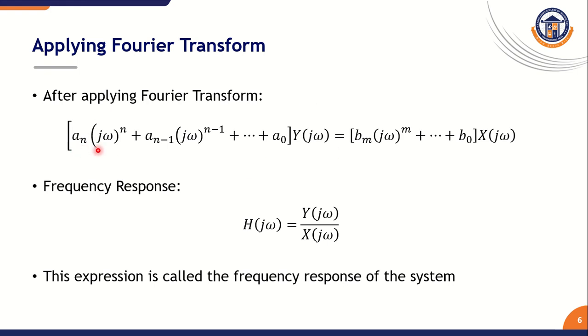We get a_n (j omega)^n plus a_(n-1) (j omega)^(n-1) plus up to a_0, times capital Y of j omega, equal to b_m (j omega)^m plus up to b_0, times the common input term, capital X of j omega.